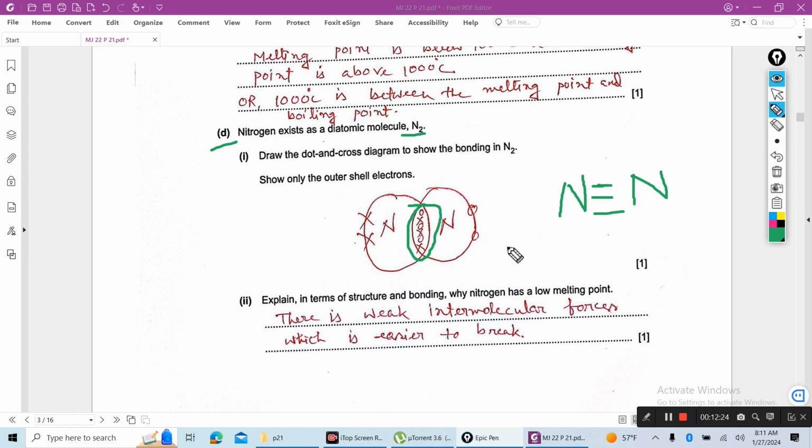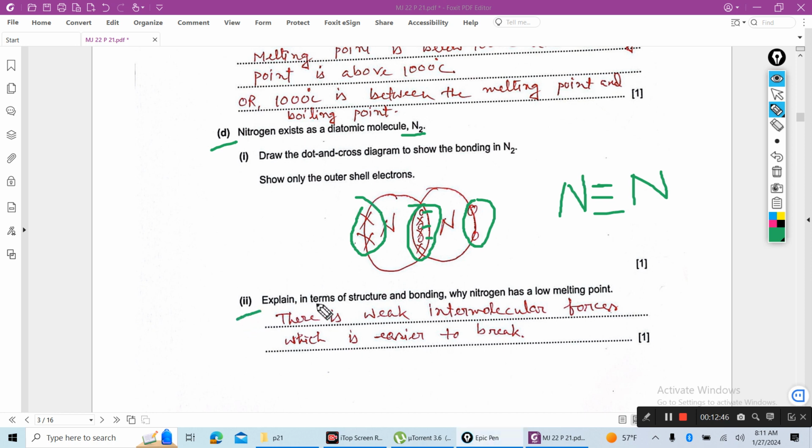Now nitrogen is a group 5 element, so it has 5 electrons in its outer shell. 3 electrons are shared, the remaining 2 electrons are left. This nitrogen also has 2 cross electrons. This is the dot and cross diagram for nitrogen.